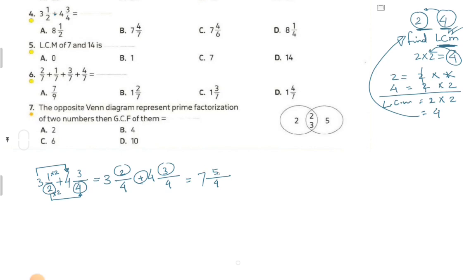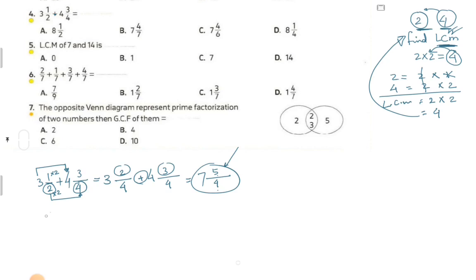Now I find that this is a mixed number, but we have a fraction that is an improper fraction. Improper fraction, why? Because 5 is greater than 4. Now I have to change it to a proper fraction. How?